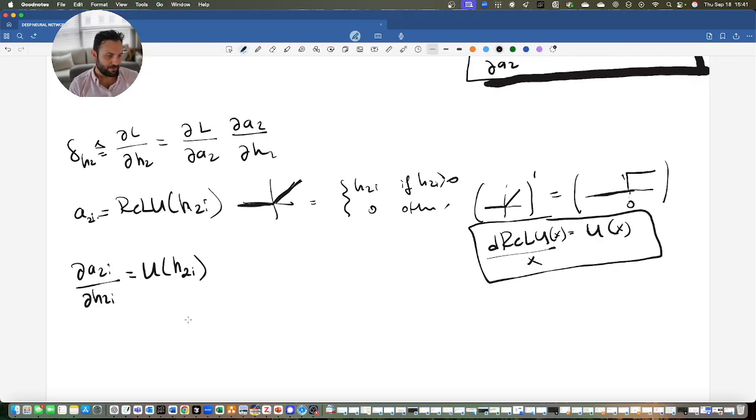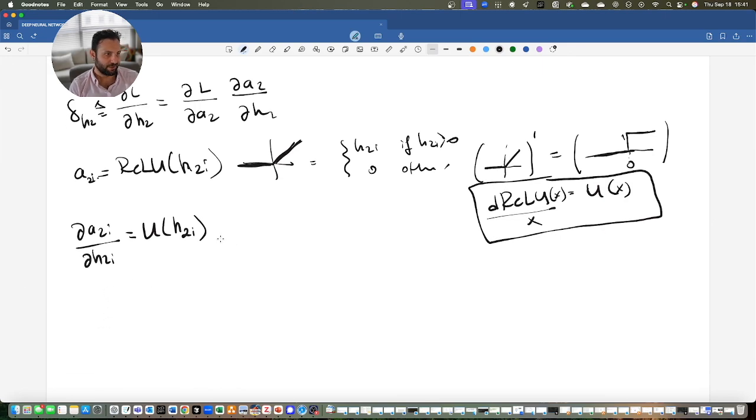Therefore, if I were to write dA2 over dH2 in the vectorial form, so this is the vector, I can write it as u of H2. So u is the unit step. You're getting the activation if it is greater than 0, or nothing if it is not there.